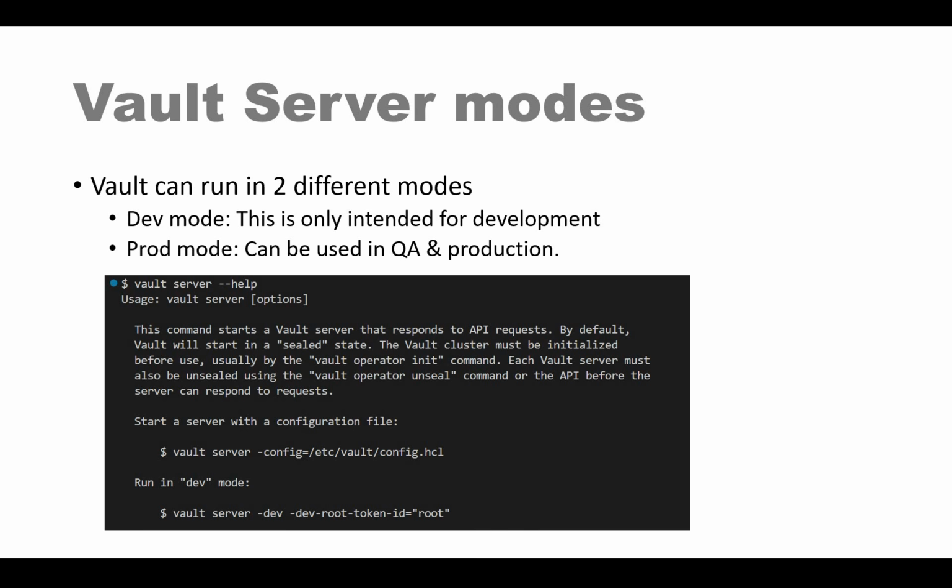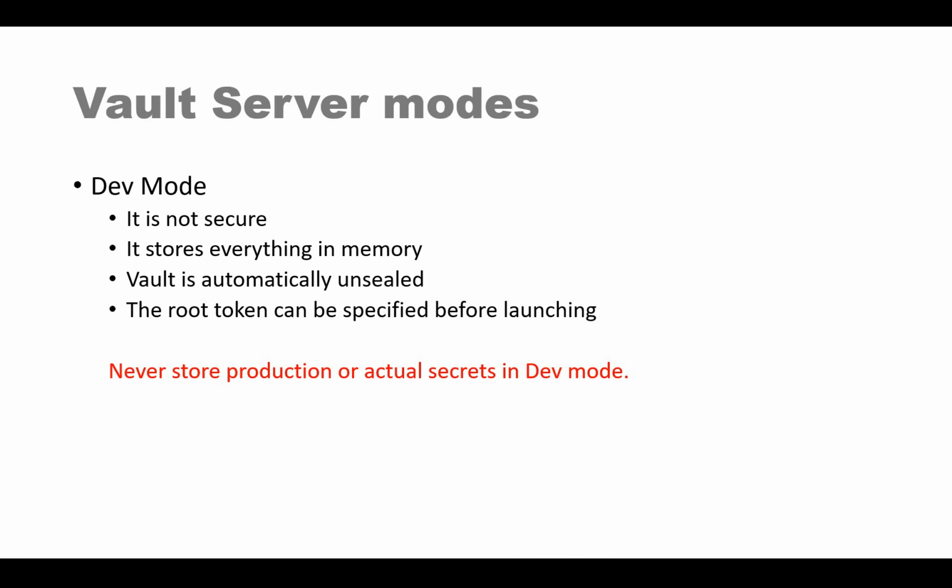I will show you this in the command line. You have two ways to start: in production mode with the config file, or in dev mode you just use server -dev, and you can use it without a root token or with a root token as well, which I will show you.